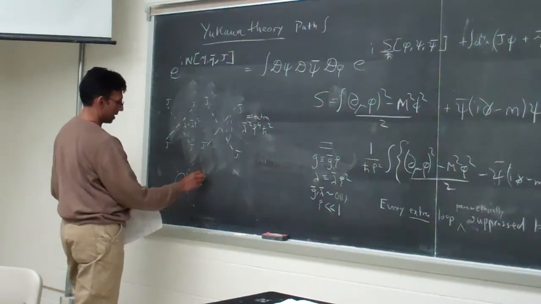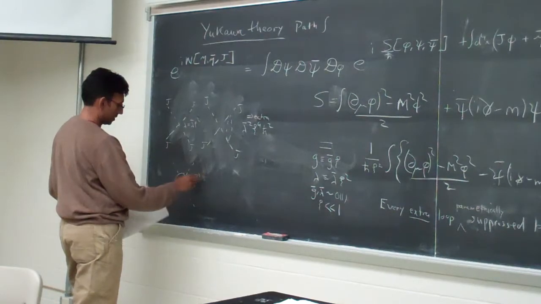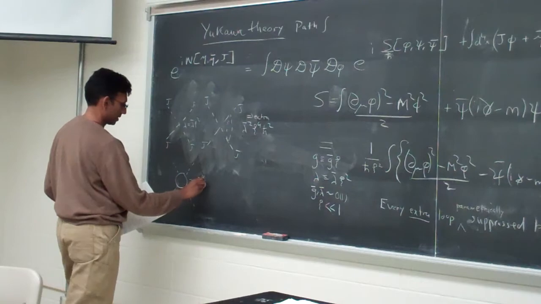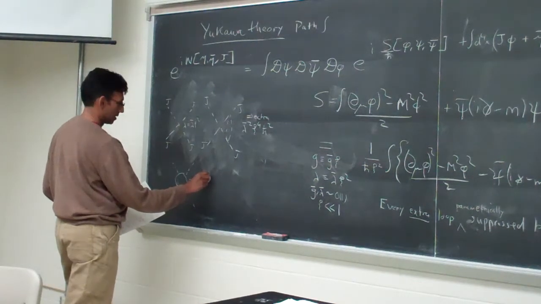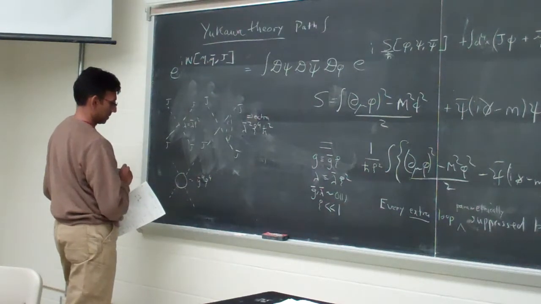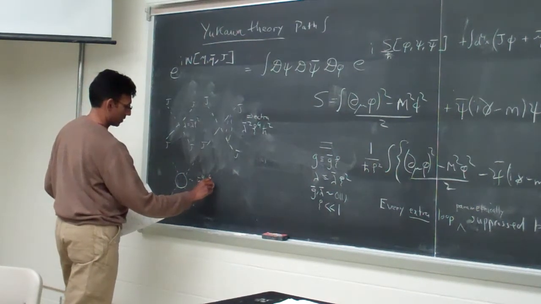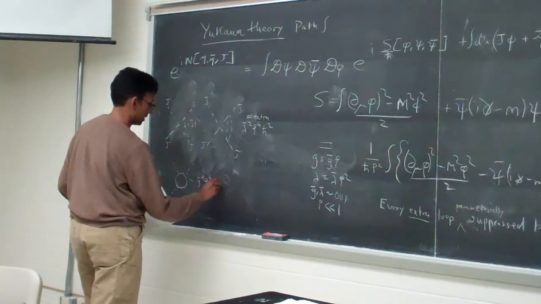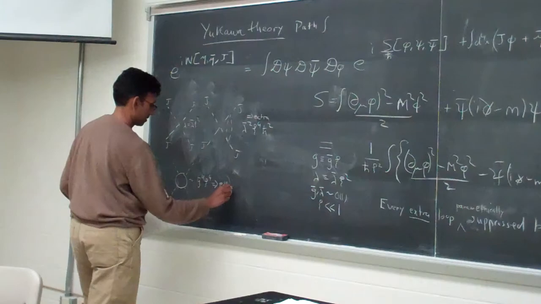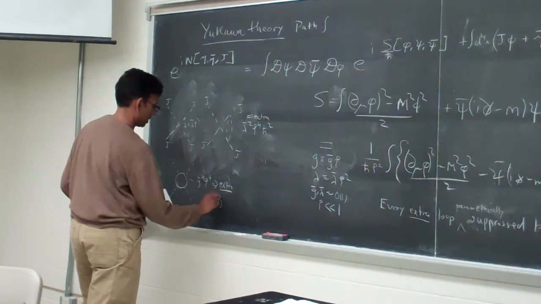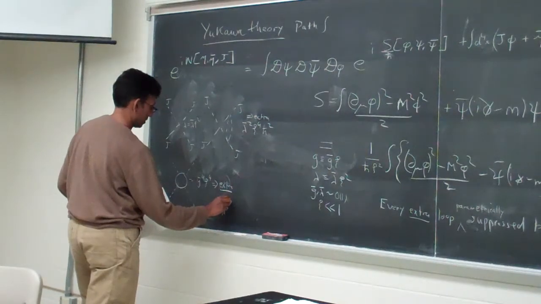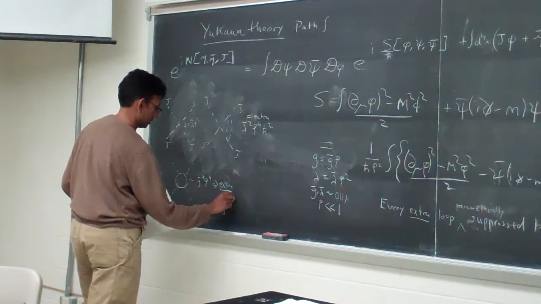This thing goes like y bar to the 4th c to the 4th, which I can always write in terms of my original answer, which implies an extra y bar to the 4th over lambda bar c squared.